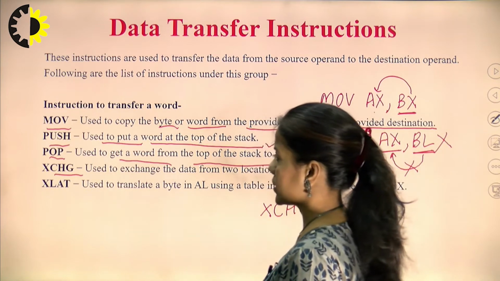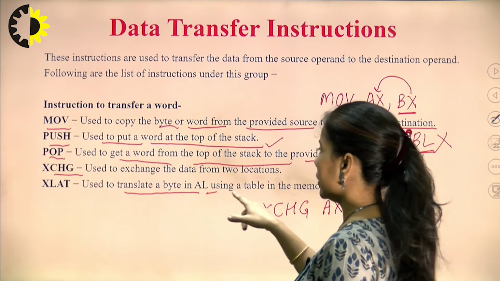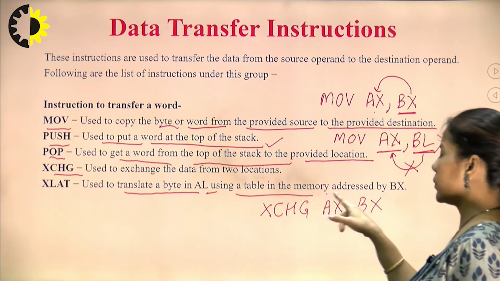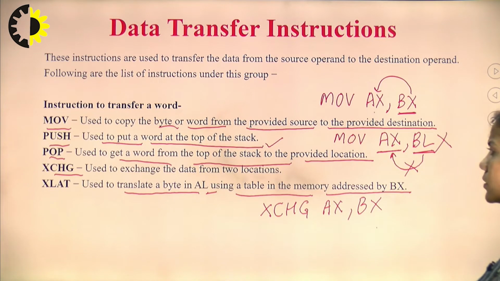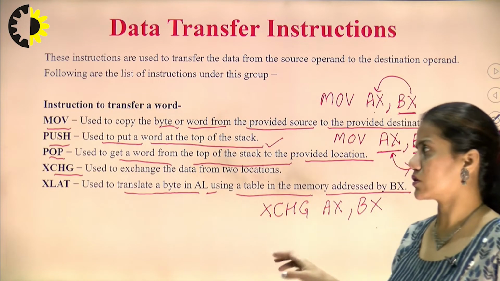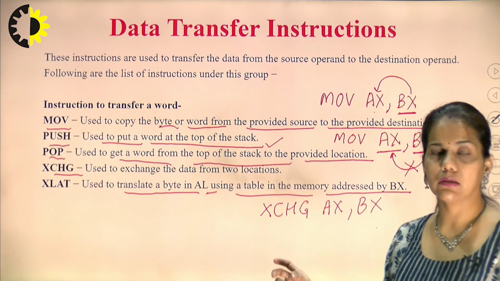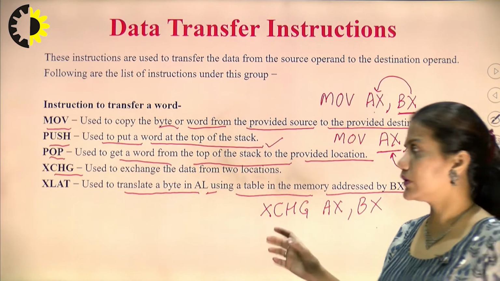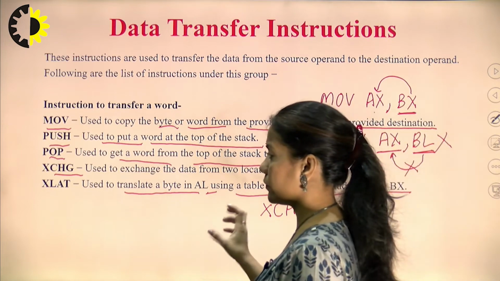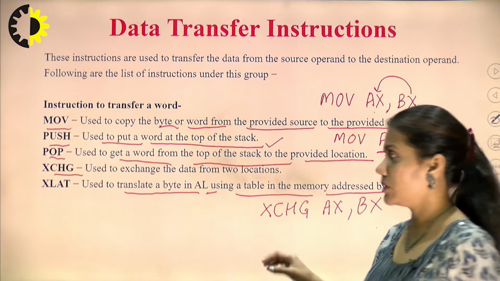XLAT, that is translate, is used to translate a byte in AL using a table in the memory addressed by BX. So what this instruction will do is that it will replace a byte in AL with the contents of the given memory address.